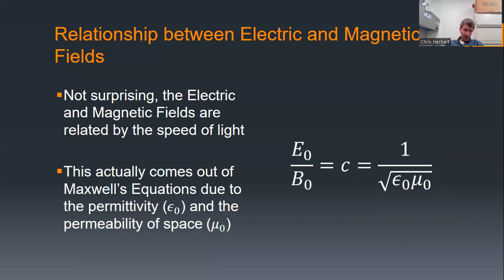For instance, c is equal to 3 times 10 to the 8 meters per second. It's a big number. So what it tells us is the electric field has a much stronger impact on the electron in an atom than the magnetic field. So when light interacts with matter, it's the electric field that's shaking up the electrons. The magnetic field doesn't have as much of an impact there. I guess that's one interpretation you can make.